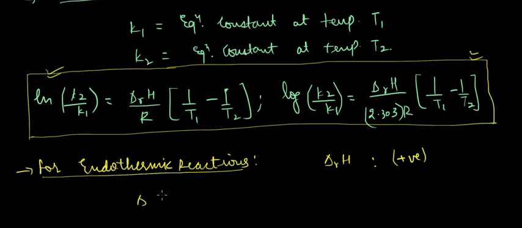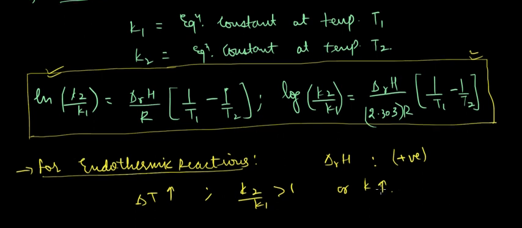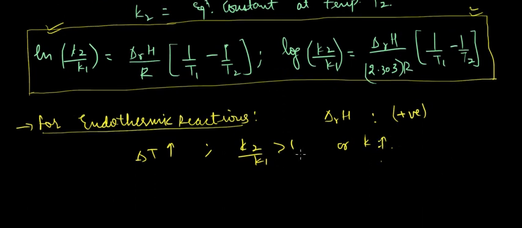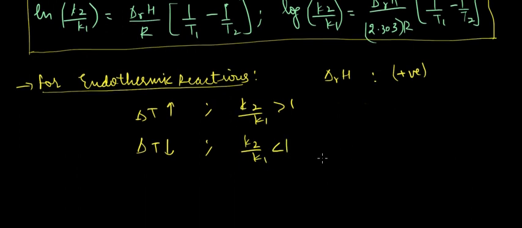Okay, and as T increases, K2 by K1 would be greater than 1, or K increases. K is nothing but the ratio of K2 upon K1. Just we can say that as T increases, K2 by K1 increases, and as T decreases, K2 by K1 also decreases, and the ratio becomes less than 1.